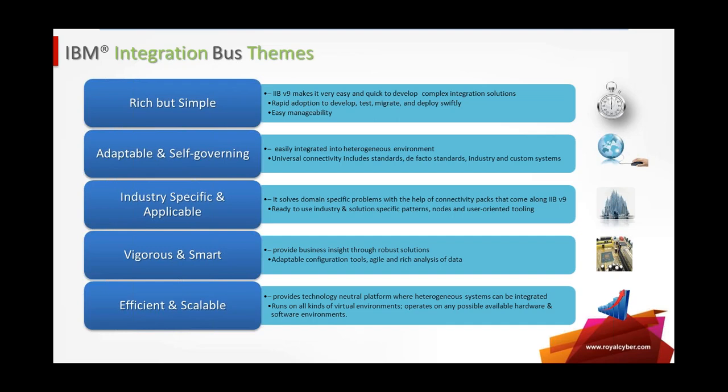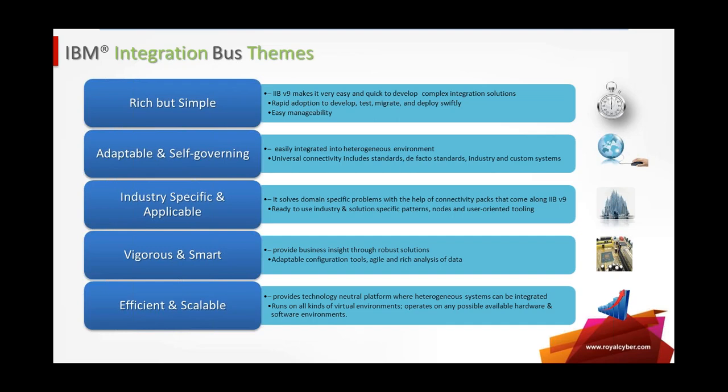IIB 9 is basically a single product which can easily adapt to technology changes, because it has a wide variety of connectivity with technologies, whether Java or .NET. Along with that, it also provides some de facto standards and industry standards, so that there won't be a problem when you go to another domain to integrate.